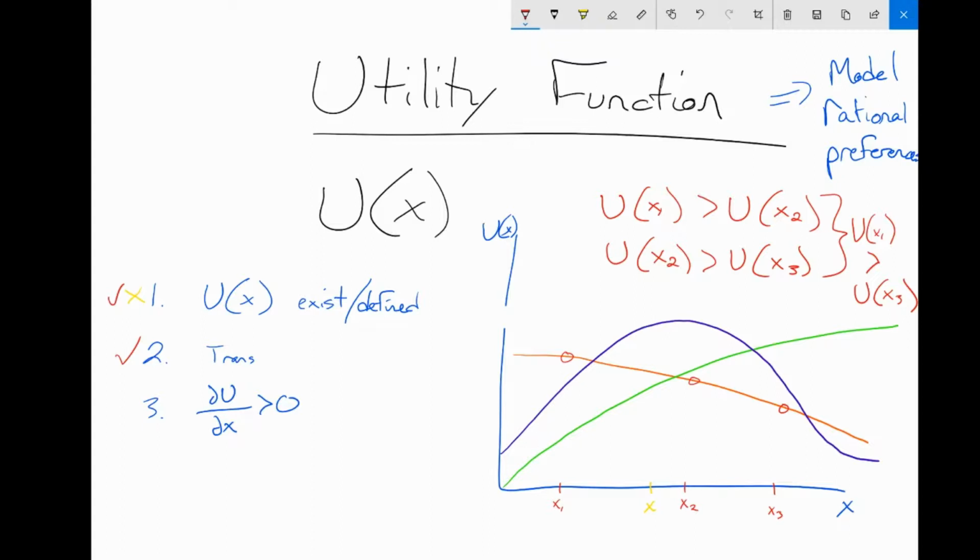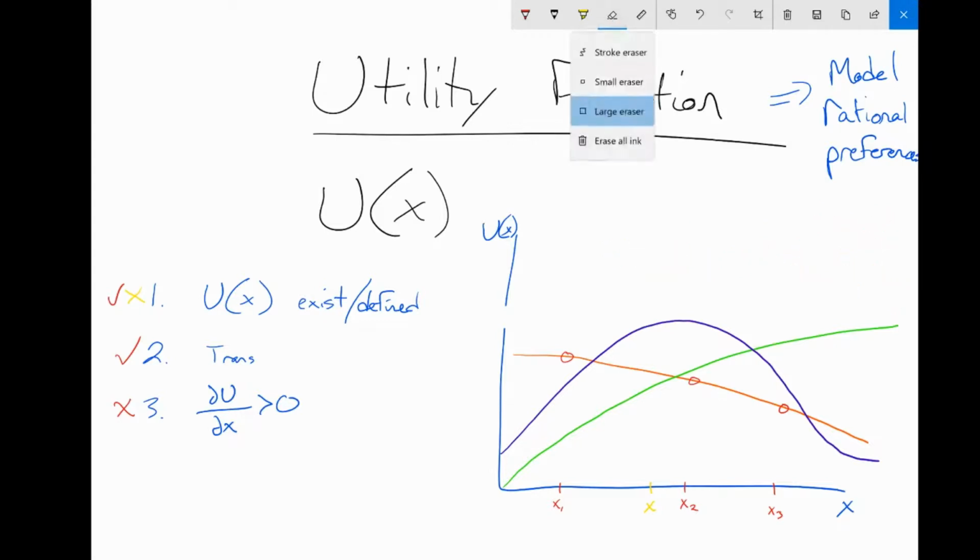That means utility should go up. But the red line is going down. It's a decreasing function, so it doesn't work. Red is ruled out. So we can't do red. All right, so red doesn't work. Red does not satisfy what we need as a utility function. All right, so let's just get rid of red.